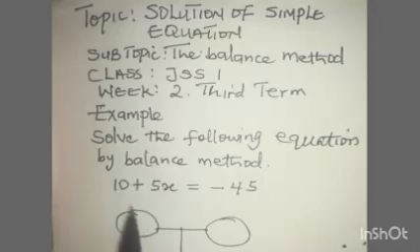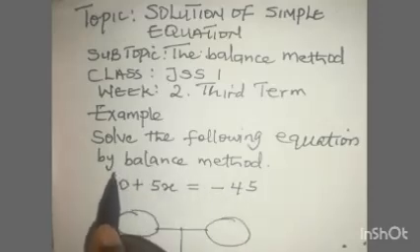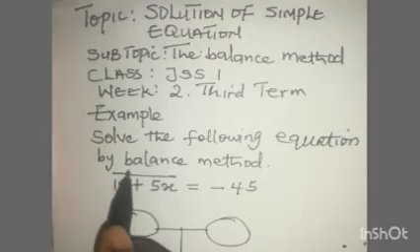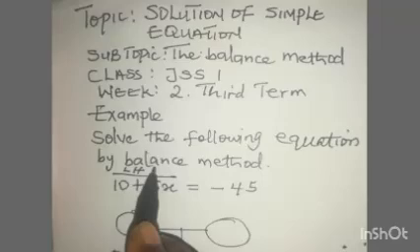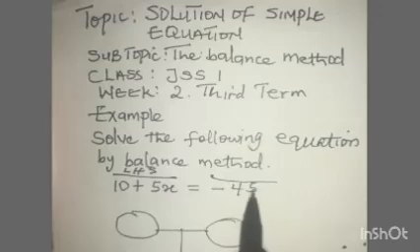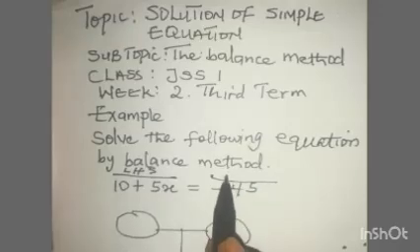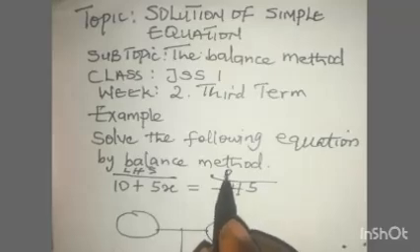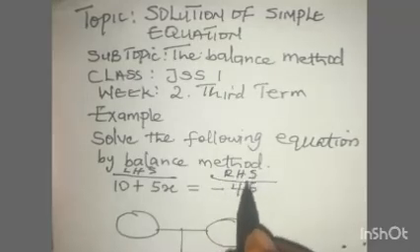So, before we begin, you have to name each side of the equation. From this point to this point here, we'll call it the left hand side. And everything after the equal to, that is here. Everything here, you call it what? Right hand side. RHS.